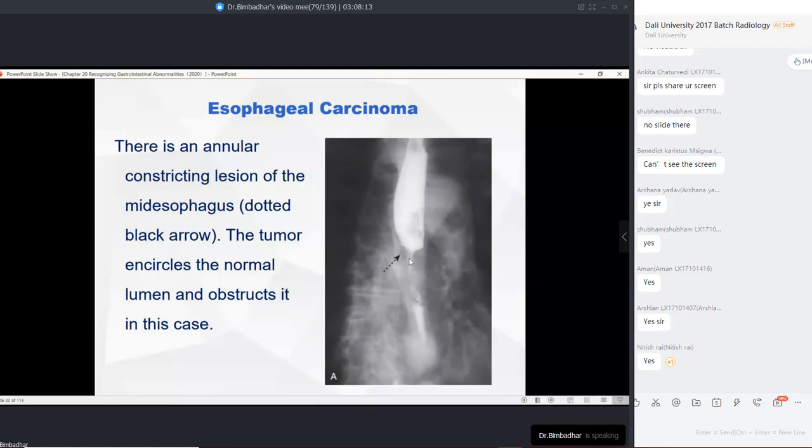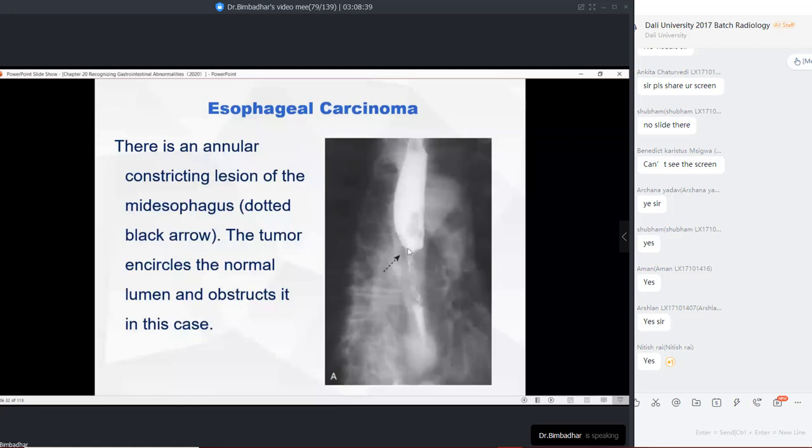But you see here one thing, there is no expansion of the esophagus. The esophagus still has its own diameter. You see here, the tumor is encircling the normal lumen, but is obstructing in this case. So this is actually an obstruction. That's the reason in the distal part, I don't see any barium flow.